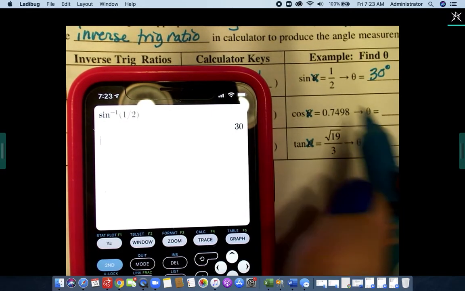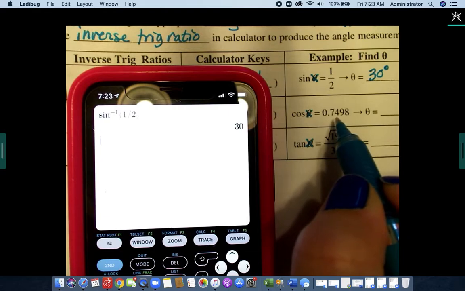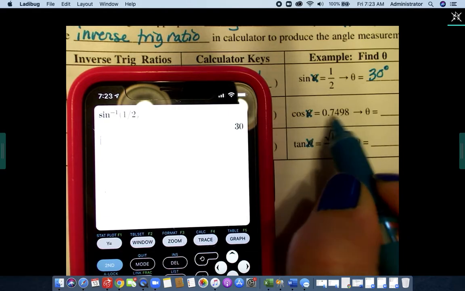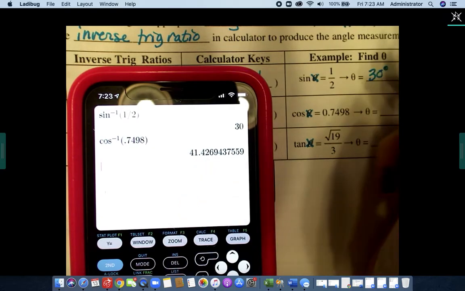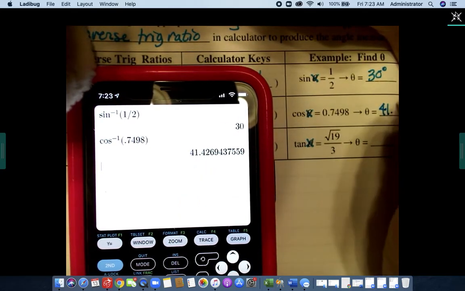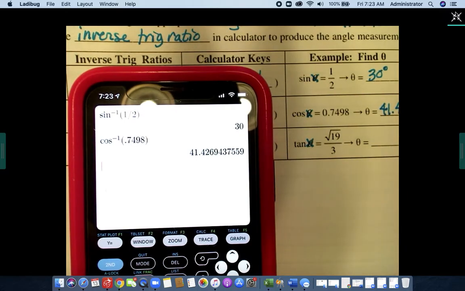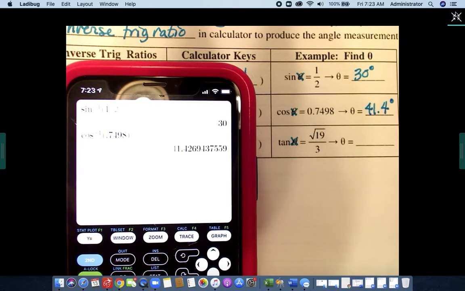If, let's say, for some reason we had a decimal value, and that might come from doing the adjacent divided by the hypotenuse number, and we got a decimal. So we would hit second cosine of 0.7498, and that would be about 41.4 degrees. And sometimes we can get square roots for sides.